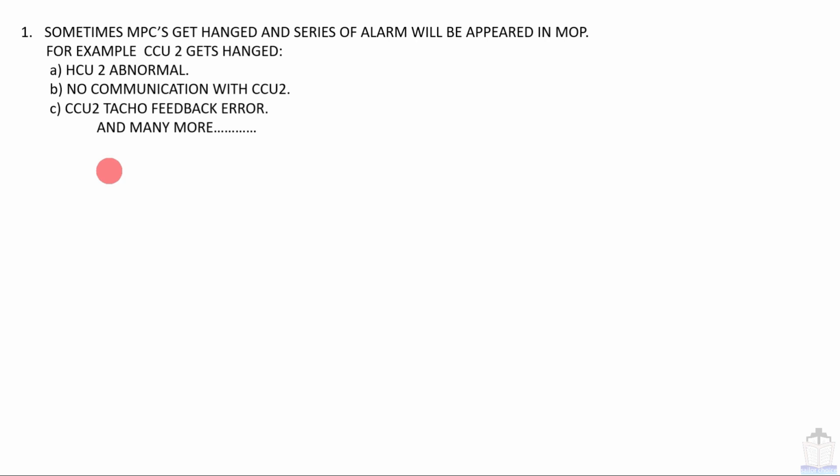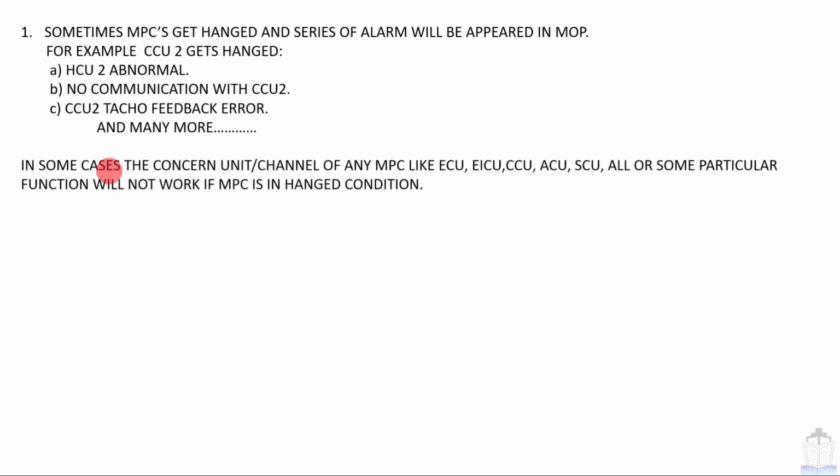I am just summarizing the same thing which we have learned just now. In some cases, the concerned unit or channel of any MPC, like ECU, EICU, CCU, SU or some particular function, will not work if the MPC is in hang condition. That means the MPC is hanged, but you will find some of that MPC's channels are working and some are not working.